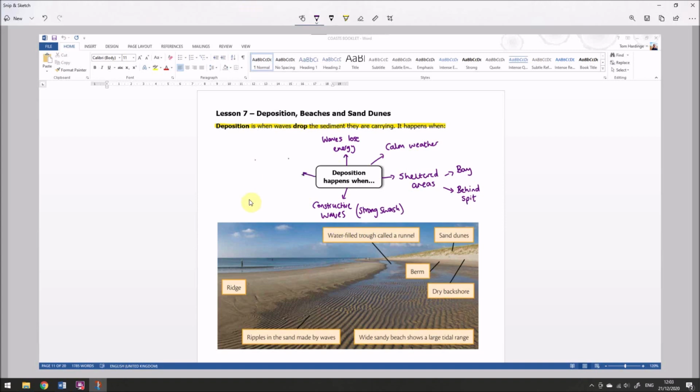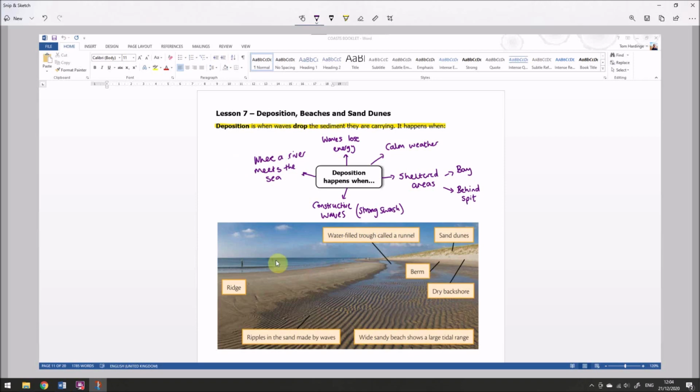A final reason might be where a river meets the sea. That can happen because the river water flowing in one direction and the tides or the waves trying to move in the other direction cancel each other out, and therefore the velocity of the water slows down and deposition is more likely to occur.